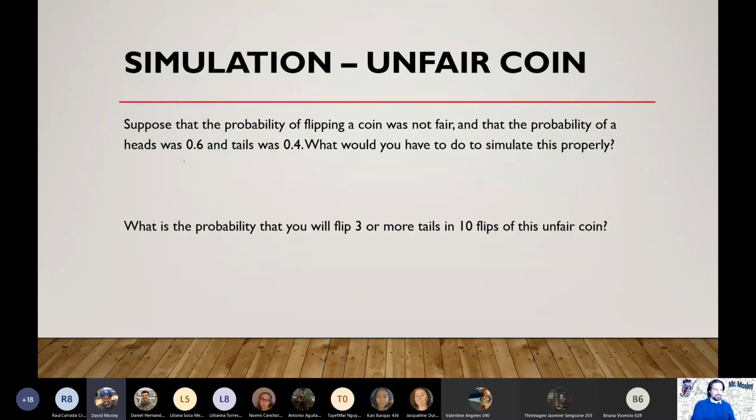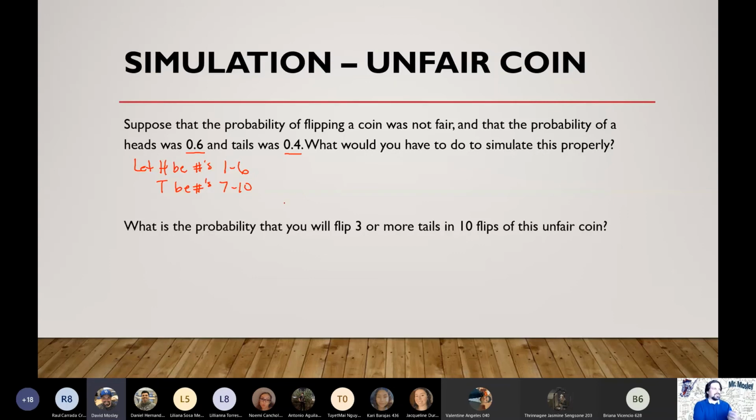So I'm going to say, okay, we have our 60% and our 40% essentially. So we're going to let heads be numbers 1 through 6, and tails be numbers 7 through 10.